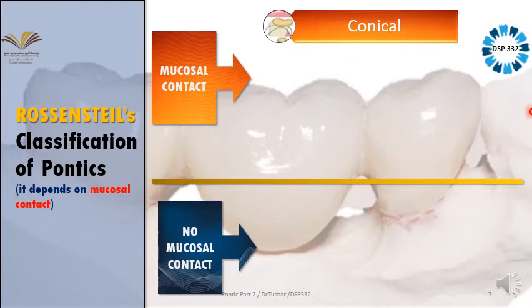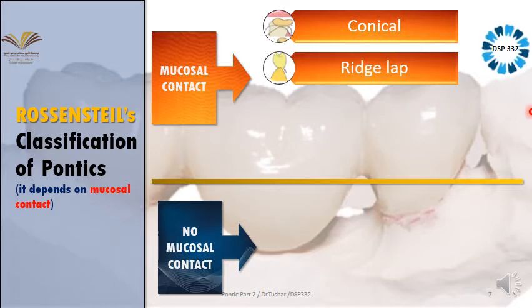Number one is the conical pontic. This is a conical pontic. Then we have the ridge lap pontic. Tillman used this ridge lap pontic in his classification, but he didn't separate the mucosal and the non-mucosal.